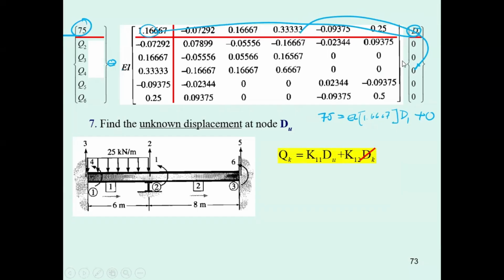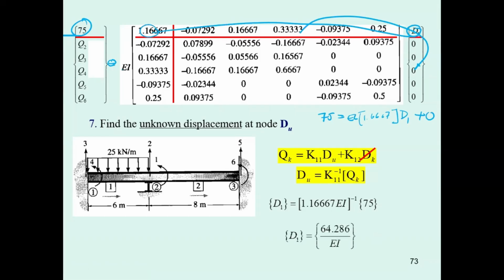Then you have this one, very simple. Take D1, inverse this one. Very easy. So it is going to be divided by EI. Every problem that has no value of EI or EA, you have to divide the answer by EI or EA.